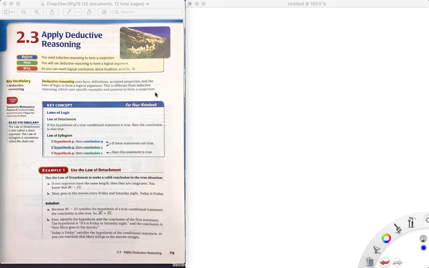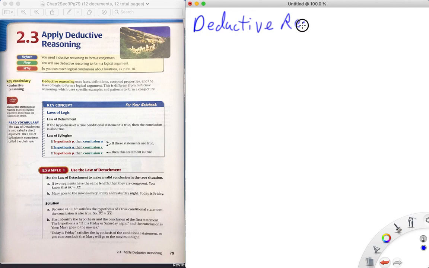In deductive reasoning, we're not looking at patterns.